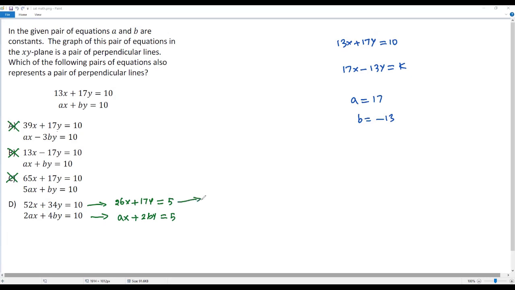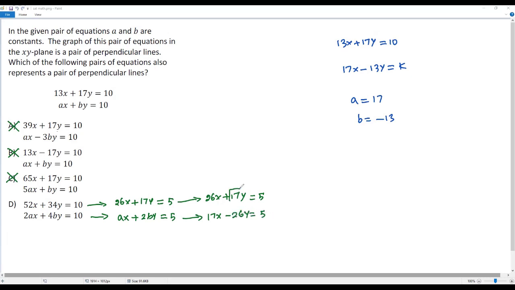Now let me write the first equation over here as it is, that is 26x + 17y = 5. And here we can plug in the values for a and b. When I plug in a = 17, I am getting 17x. And when I plug in -13 for b, positive 2 times -13 will be -26y. On the right side, we can take the 5 as it is.